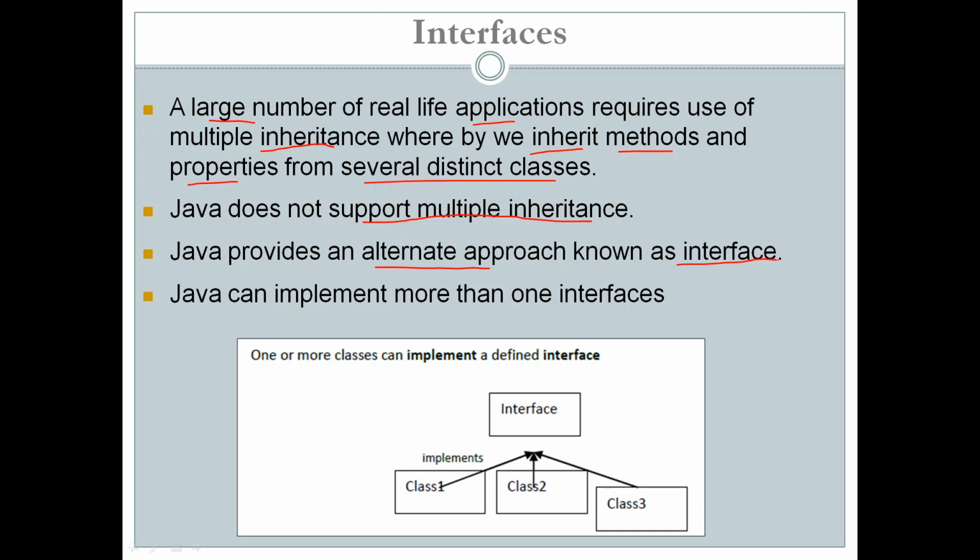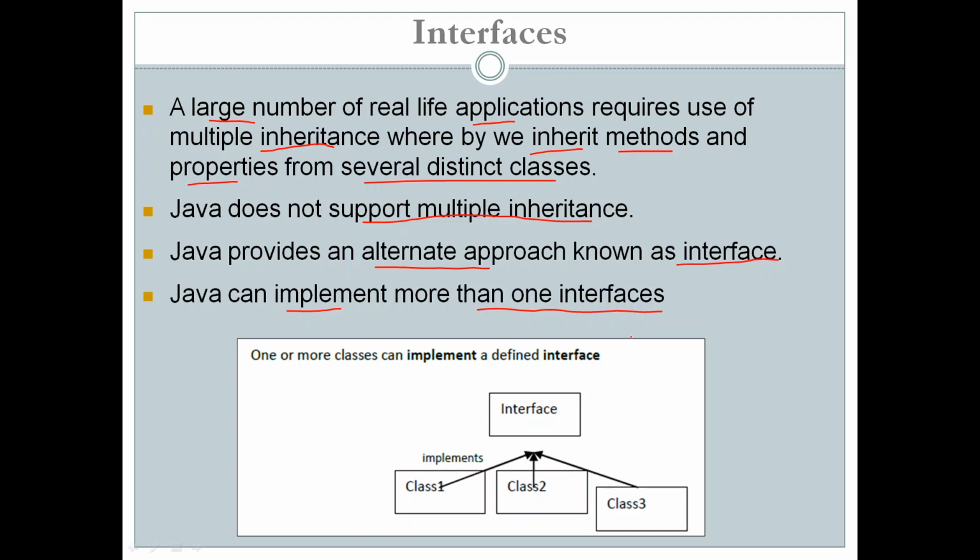Means in Java we cannot inherit from multiple classes, but we can implement more than one interface. So in Java you cannot inherit from multiple different classes. Multiple inheritance is not allowed in Java, but we can inherit from multiple interfaces, that is allowed in Java.